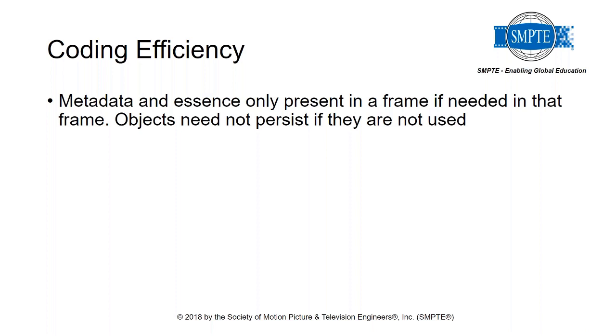You would not include the object or the essence in any of the subsequent frames. You could also use that ID for a completely different object, a different sound, in a different portion of the program. But the point here is that you only include metadata and essence for objects, at least when they're needed.